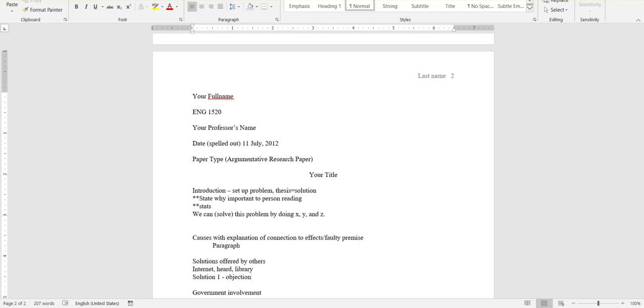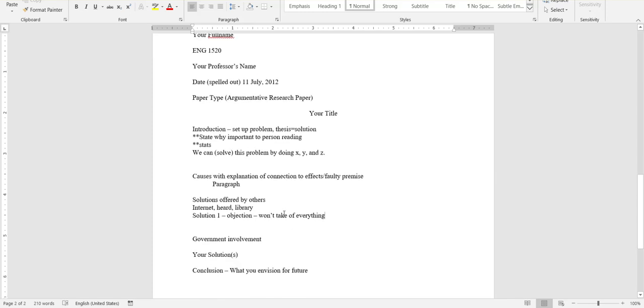So you wouldn't have to come up with a better solution if this solution would work, but there must be something wrong with it. Maybe it won't take care of everything, right? And then you'll do that for each solution that you present.